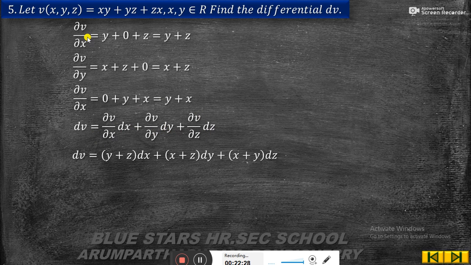So dou v by dou x means y plus z into dx, plus dou v by dou y means x plus z into dy, plus dou v by dou z means y plus x into dz. This is our answer for the fourth problem, v of x comma y comma z equals xy plus yz plus zx. This is the answer for dv. In this question they ask about the differential, so we found the answer.